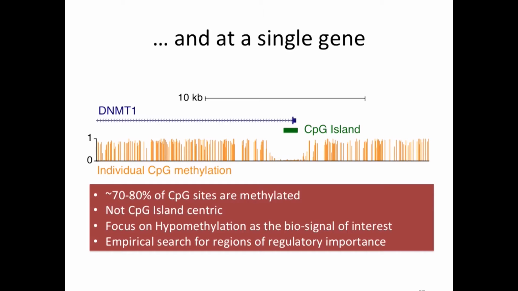We wanted to be able to identify regions of interest without focusing specifically on CpG islands. And I hope that the reasons behind this become a little bit more clear. The reason is that 70 to 80% of CpG sites are methylated. So this means that what we should be looking at as a biological signal of interest is actually hypomethylation.